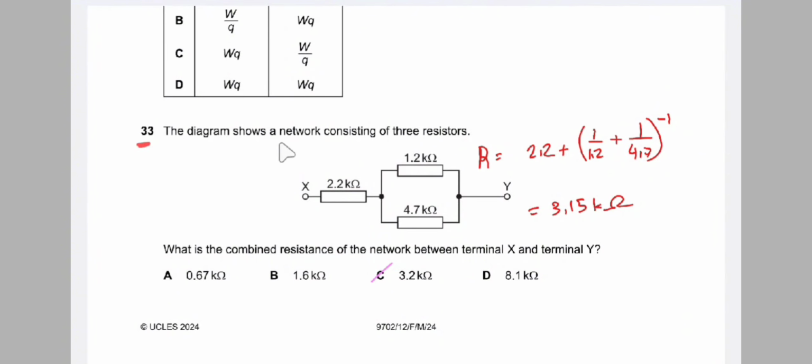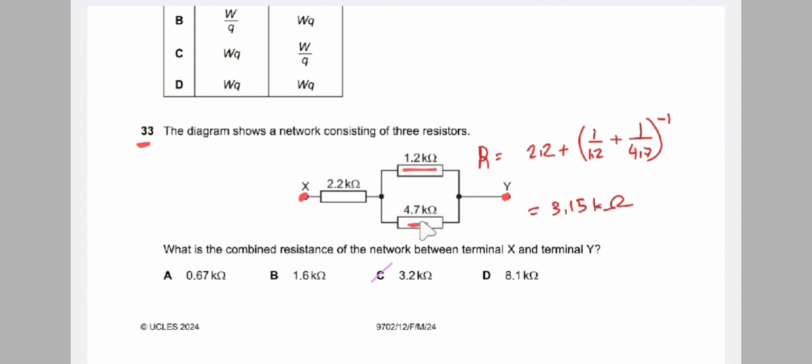33. The diagram shows a network consisting of 3 resistors. What is the combined resistance of the network between the terminals X and Y? This resistor is arranged in series while these two resistors are arranged in parallel.